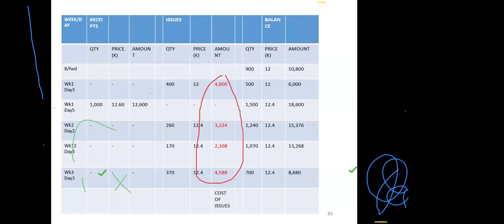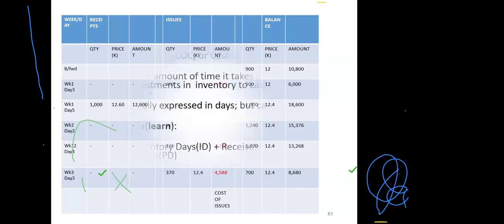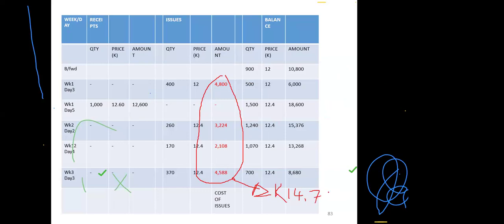And when you add them up, you should be able to get the same 14,720. So if you are fast, you can still use a ledger card.